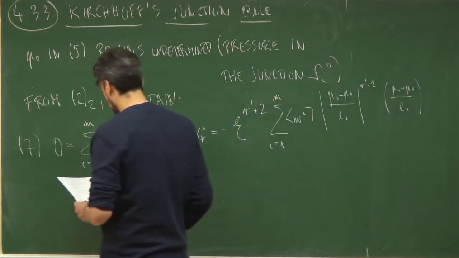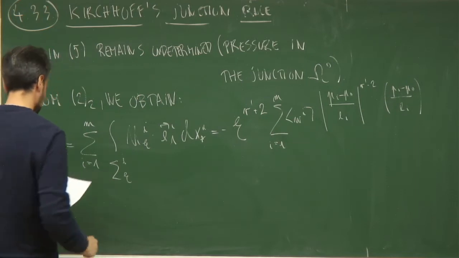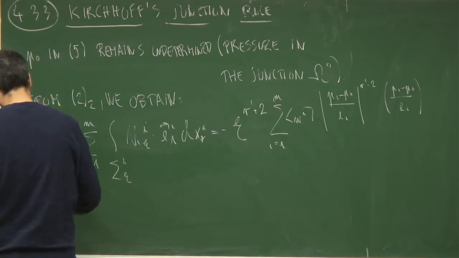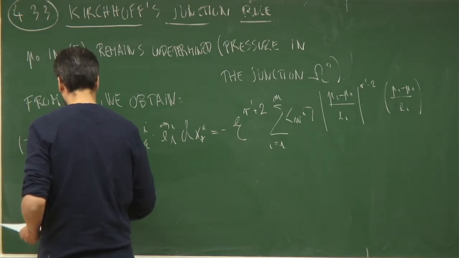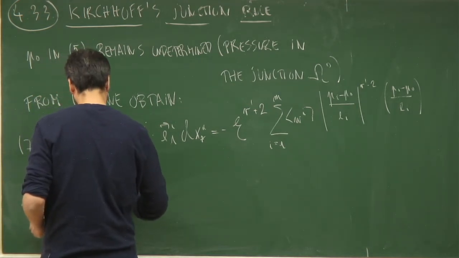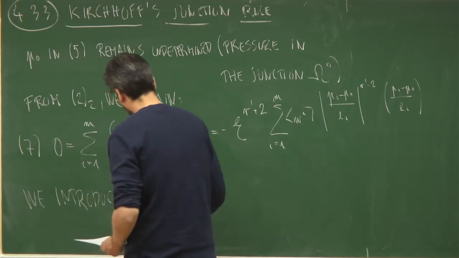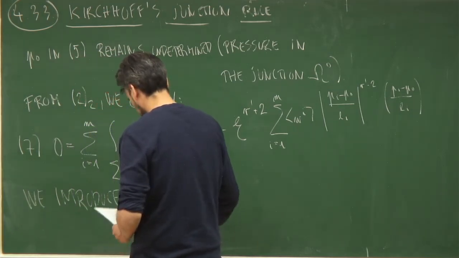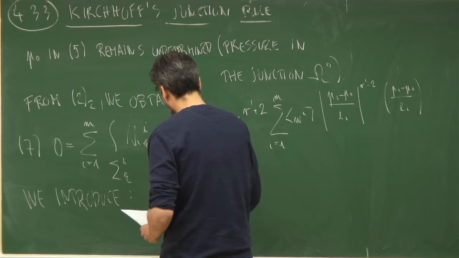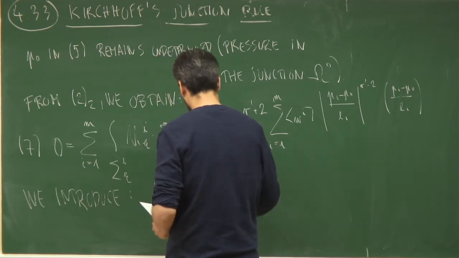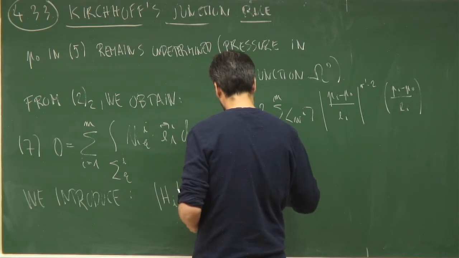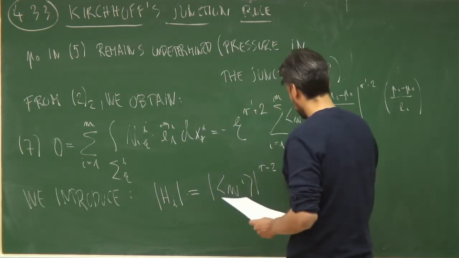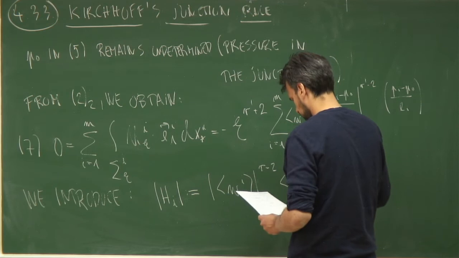Okay, so we have this, and you introduce the following value. So introduce Hi, which is equal to Vi to the r minus 2 Vi.